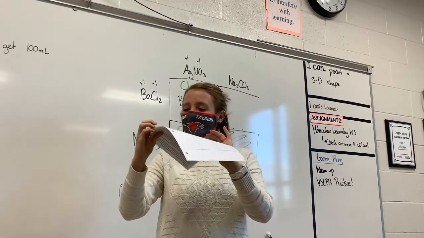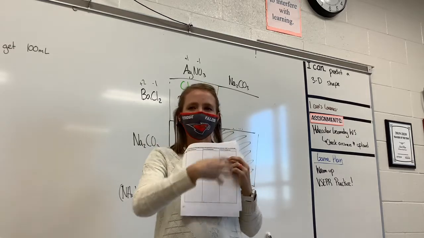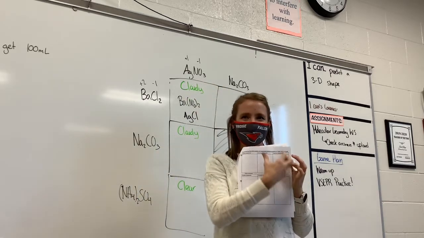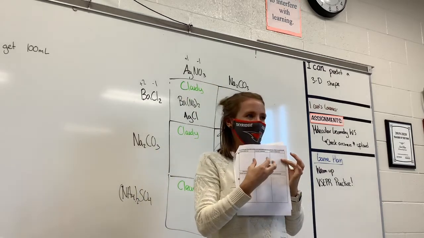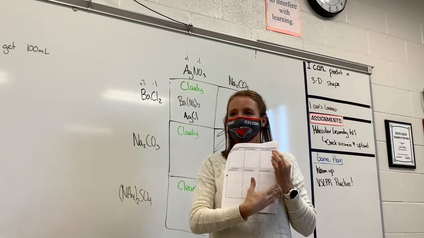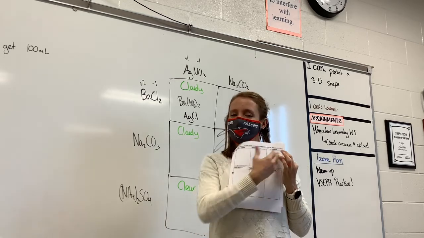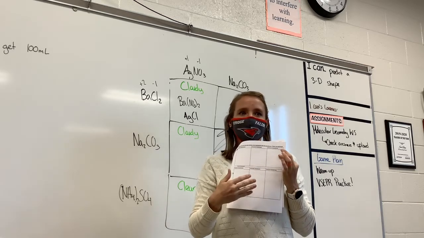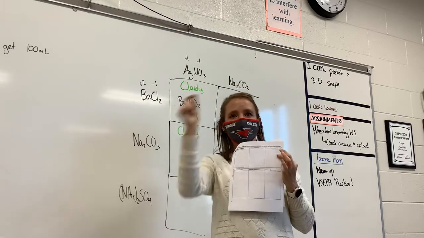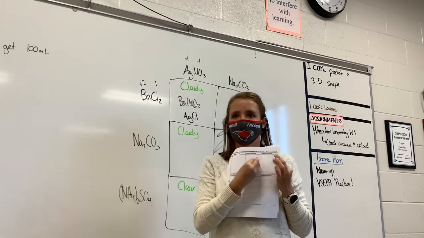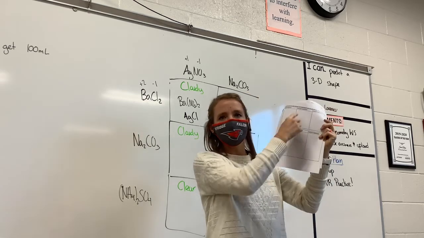Now, the reason why I gave you two identical tables is that sometimes in the sorting process, it gets a little messy. If it's too messy for me to read, I ask that you rewrite down here. If this table is understandable for me, then you don't have to rewrite your answer. But there's quite a bit of crossing off and moving and changing, so sometimes it gets a little messy when you're problem solving this out. That's why there's two of these boxes.